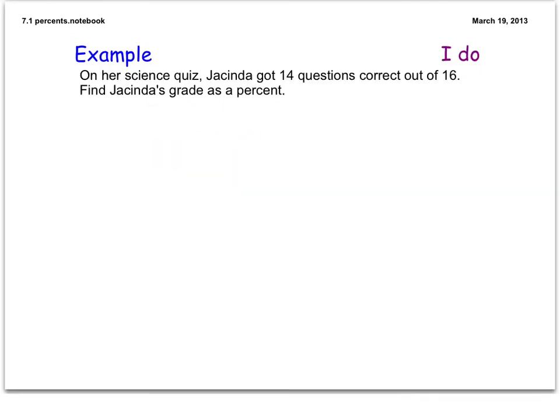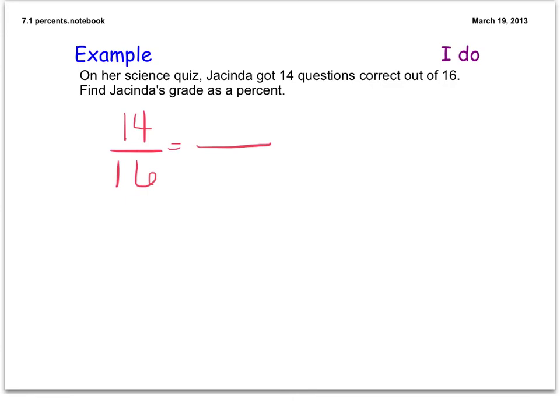Okay, here now we're going to get a little bit more difficult, and here we're going to have to set up our proportions. So it says on her science quiz, Jacinda got 14 questions correct out of 16. Find Jacinda's grade as a percent. So first of all, she got 14 out of 16 correct. And we're trying to find this as a percent.